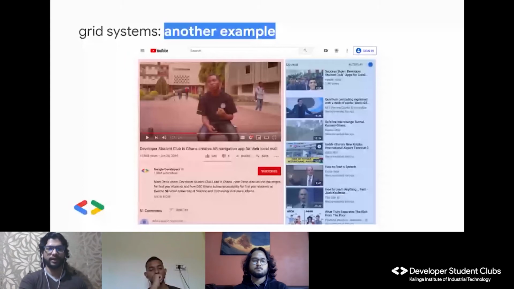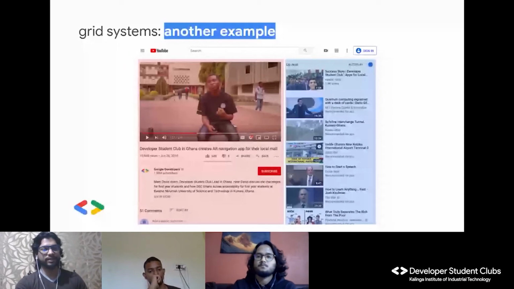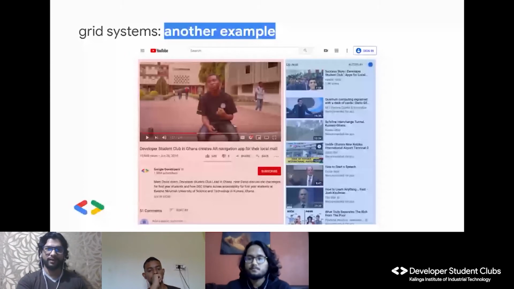So that's what grid is all about: organization, efficiency, economy, and clarity. And we are achieving all of that in this. That might be a reason why people get hooked onto YouTube for hours and hours. I think people also do the same thing with Netflix and everything. They follow a pretty nice grid system.